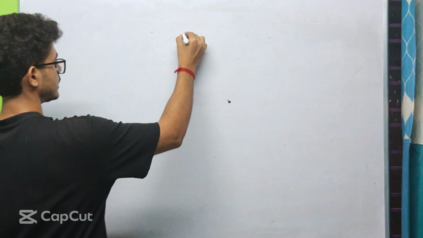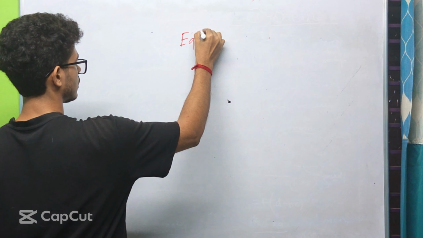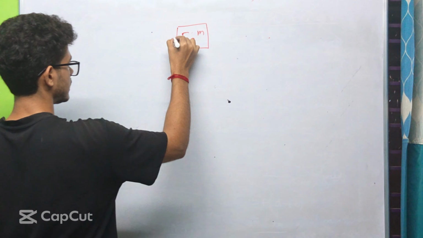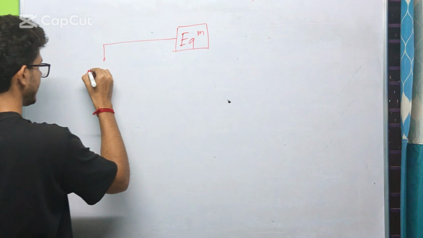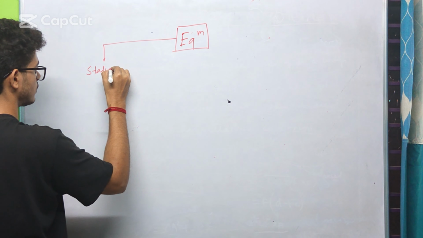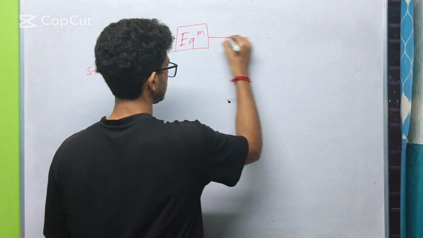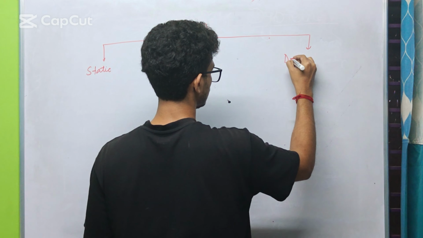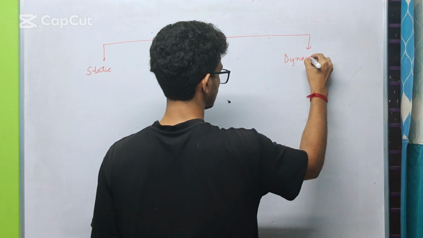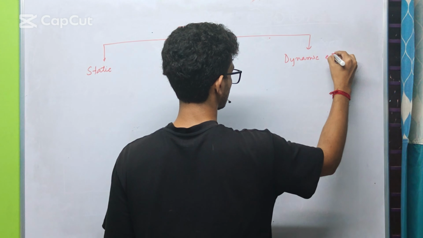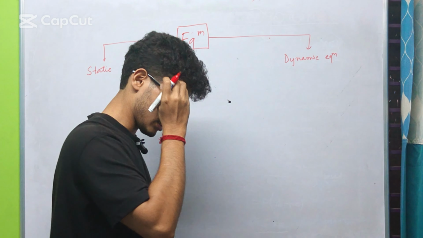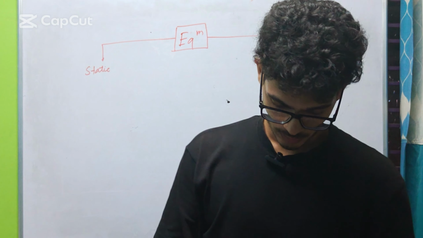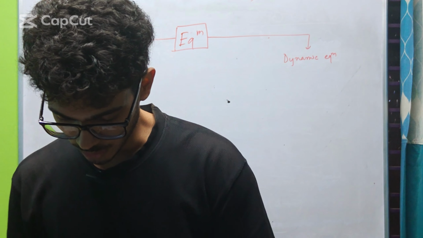Now, if we classify equilibrium, equilibrium can be of two types. One is static equilibrium and the other one being dynamic equilibrium. So, what do you mean by static equilibrium?